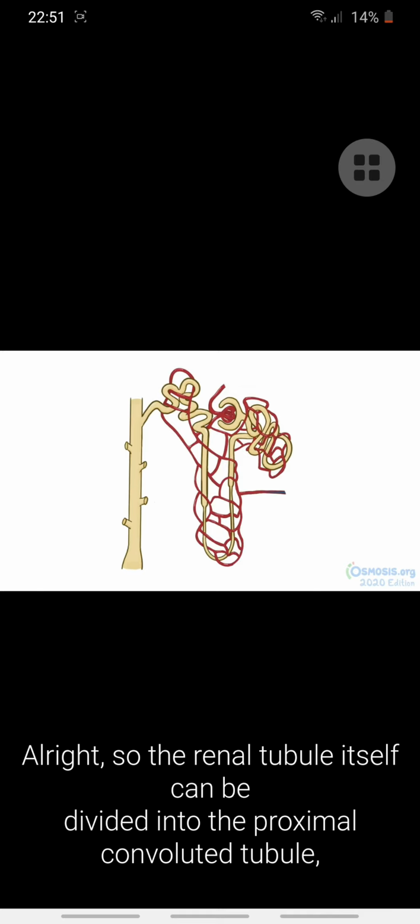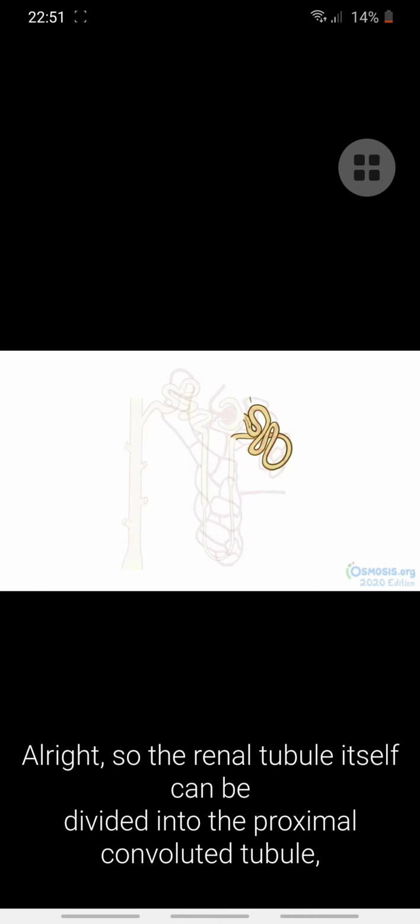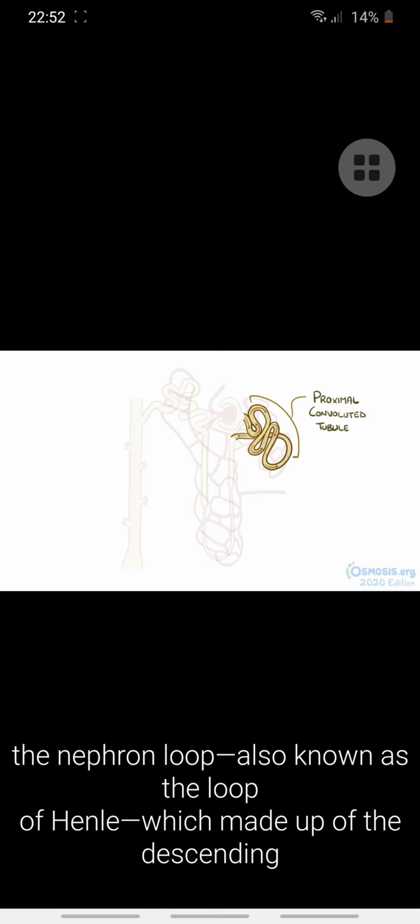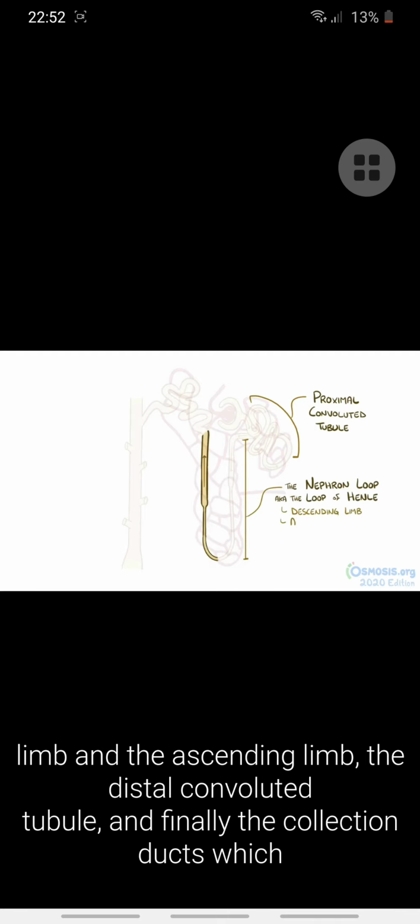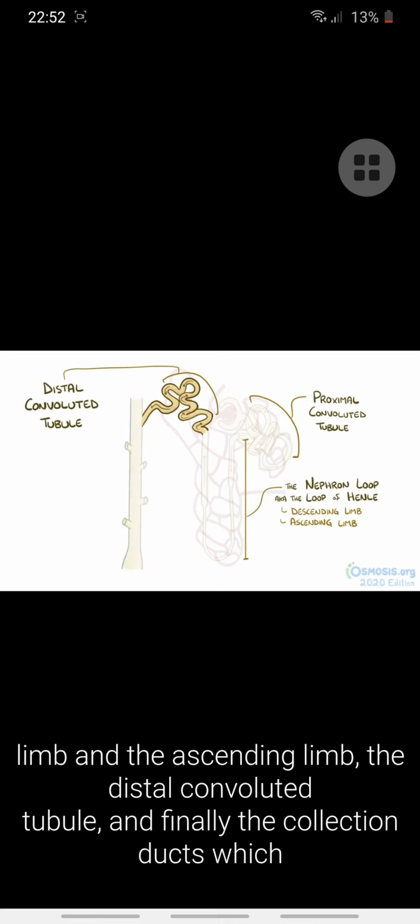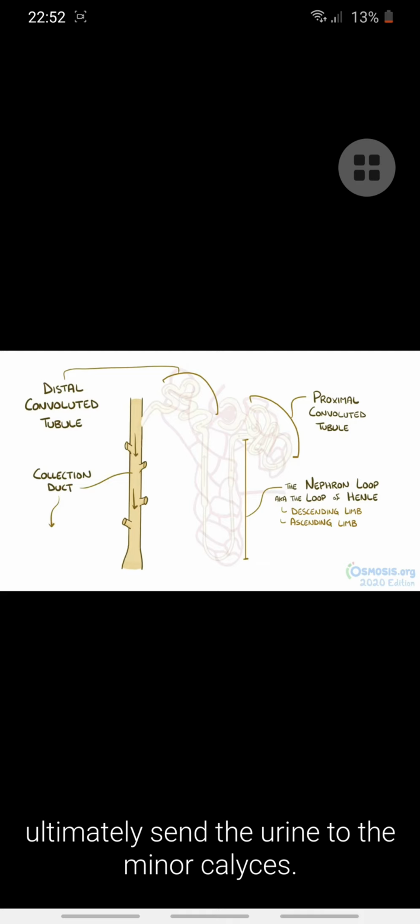The renal tubule itself can be divided into the proximal convoluted tubule, the nephron loop, also known as the loop of Henle, which is made up of the descending limb and the ascending limb, the distal convoluted tubule, and finally the collecting ducts, which ultimately send the urine to the minor calyces.